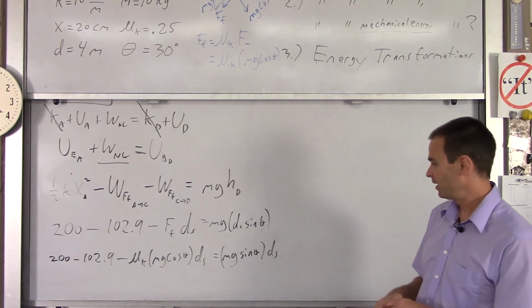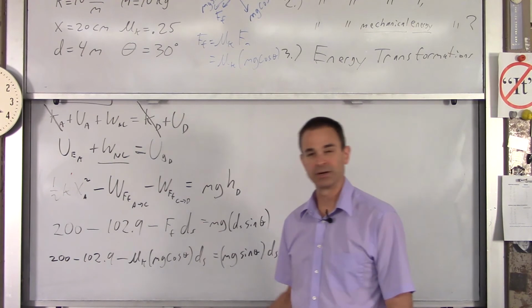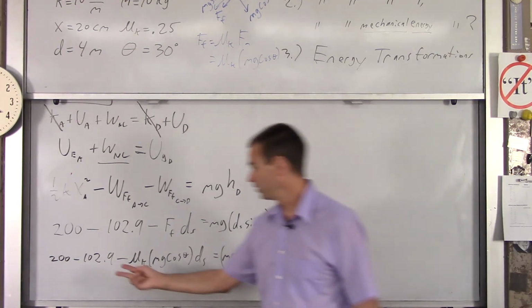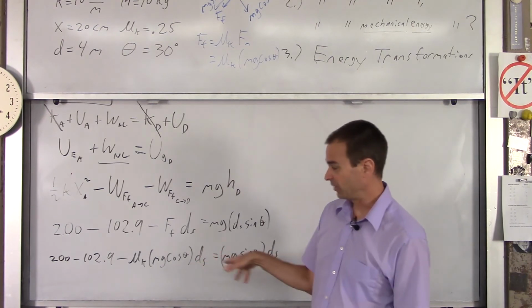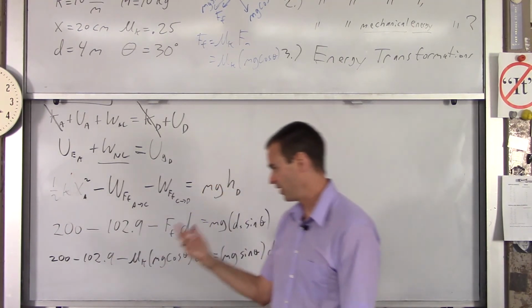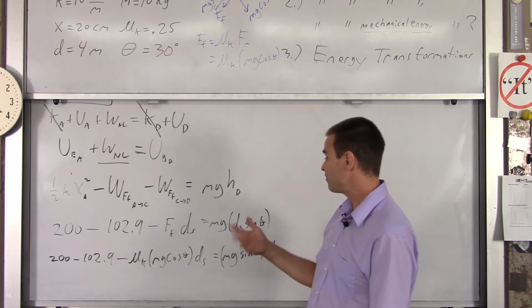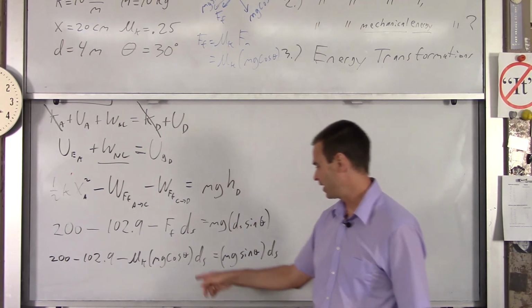Now, having said all that, can you cancel the mg's out here and here? No, because there's no mg here and here, okay? So you can't just go canceling stuff unless it's in all the terms, and we don't have anything in all the terms. But we have numbers for everything in this problem except for ds.